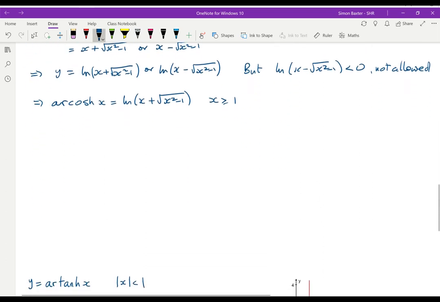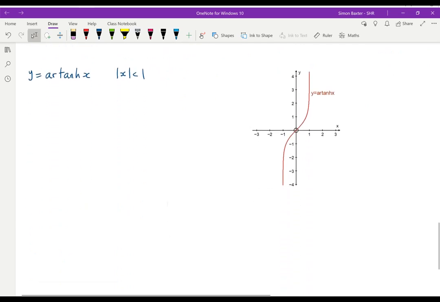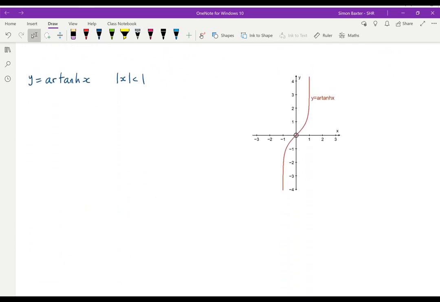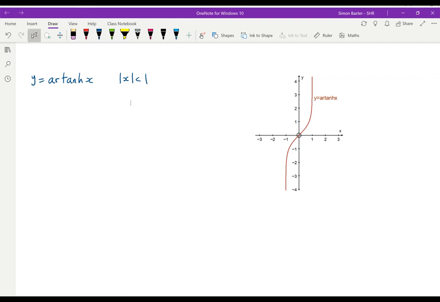And let's move on to artanh x. Here's the graph of y equals artanh x, which lies between minus 1 and 1, and so for artanh x, its domain has to be mod x less than 1. So we play the same trick on this as we have done earlier.